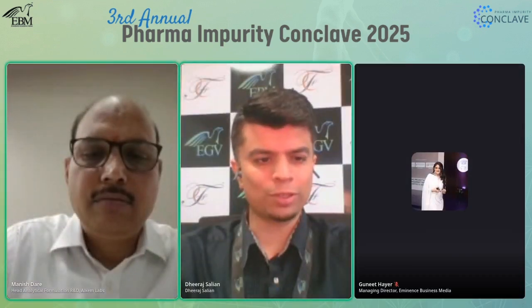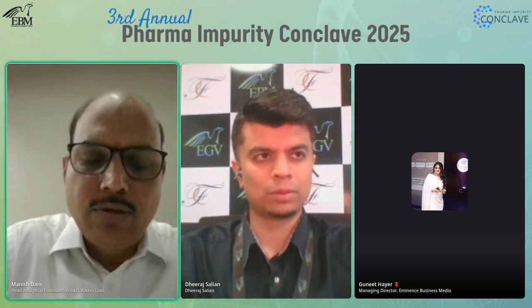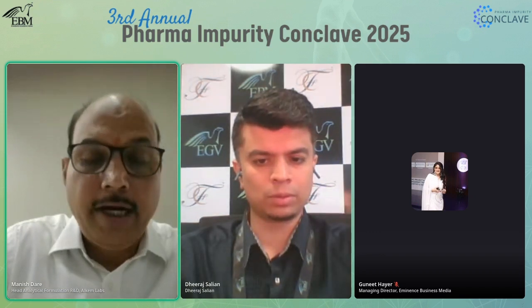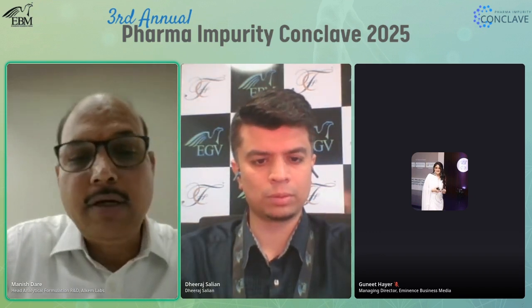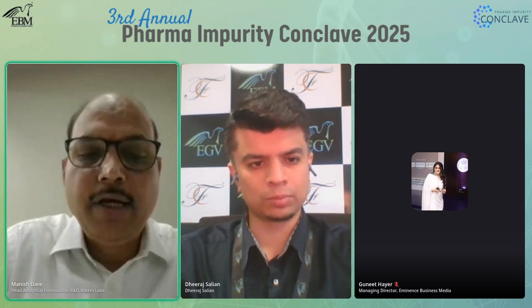If peaks are closely eluting, then the RRT would be very close. Then during reporting, it is very difficult to identify whether it is a known impurity or an unknown impurity. That's the reason the USP and the FDA always insist on proper resolution between two peaks.